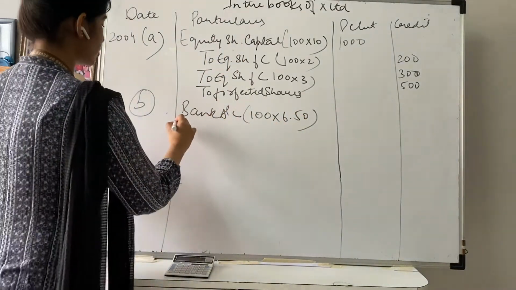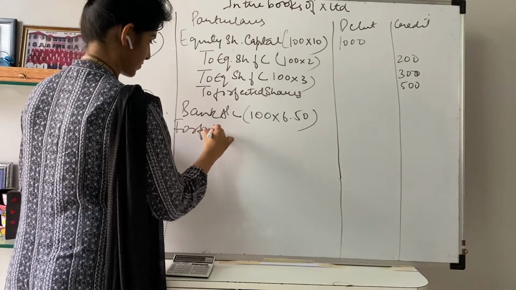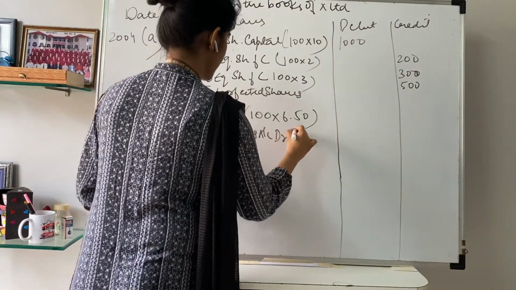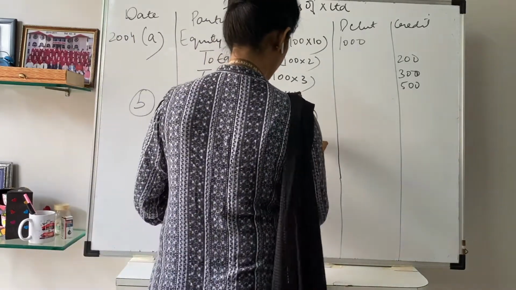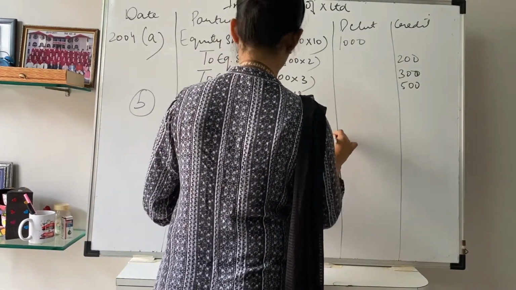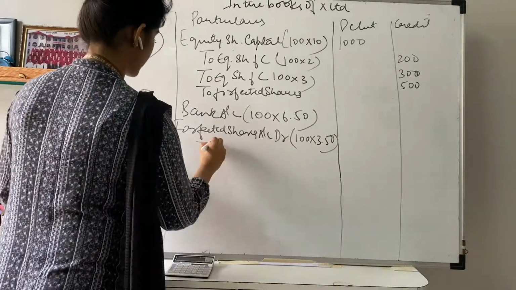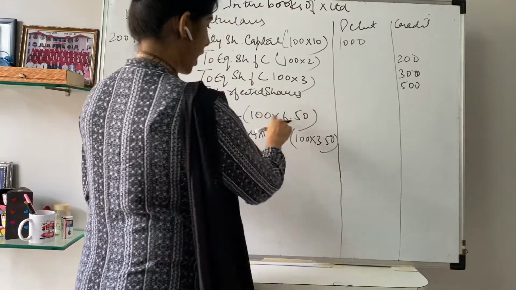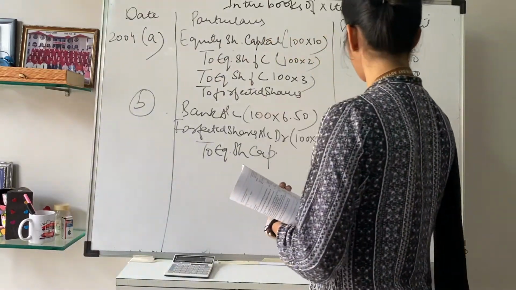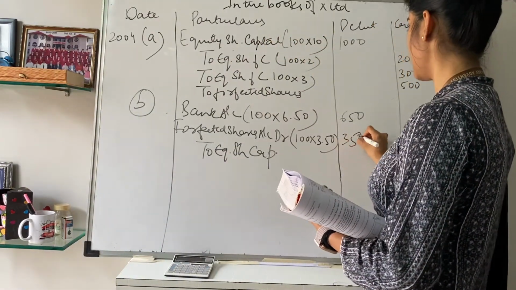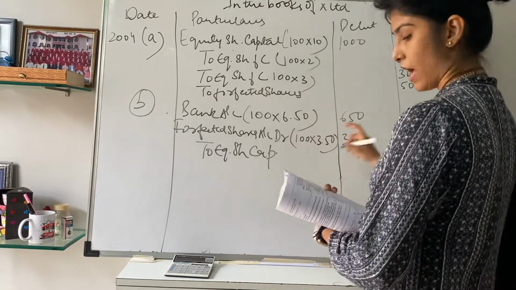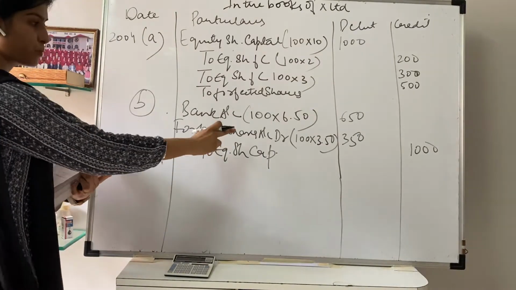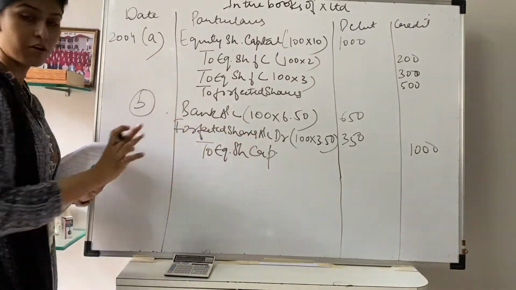Next is your forfeited shares account debit, 100 into 3.50, to equity share capital. 100 into 6.50 will be your 650. This will be your 350, and this will be your 1000. Again, the narration: being reissue of 100 shares at rupees 6.50 per share, fully paid up.